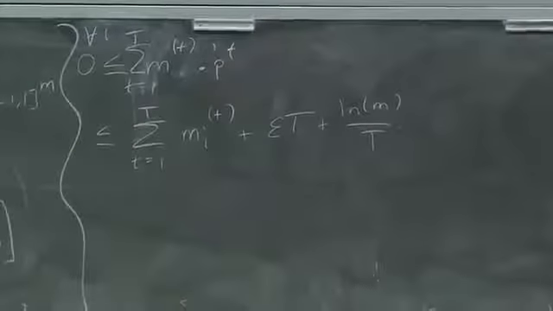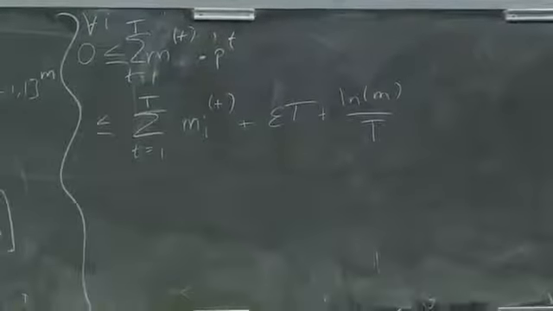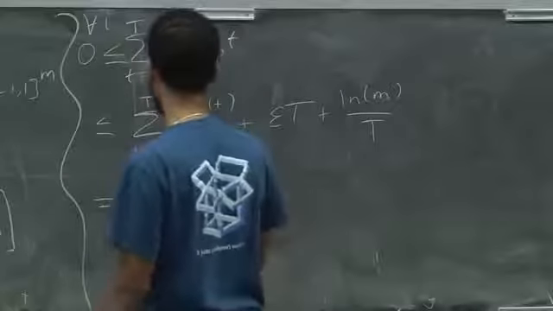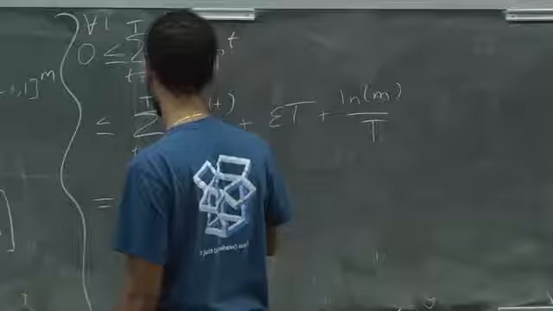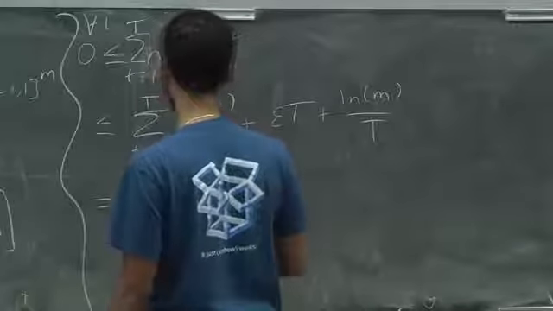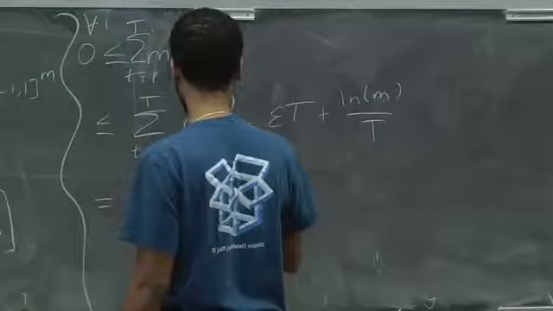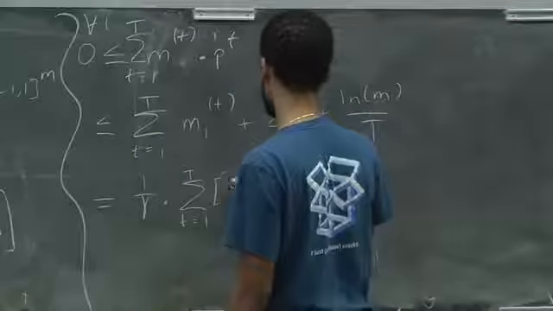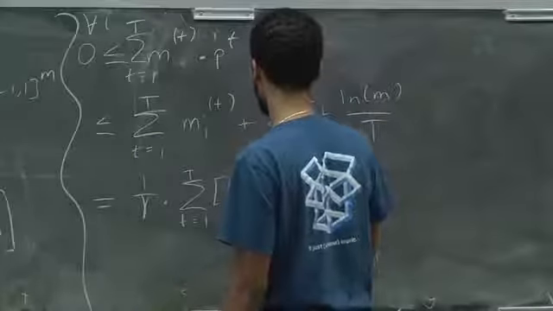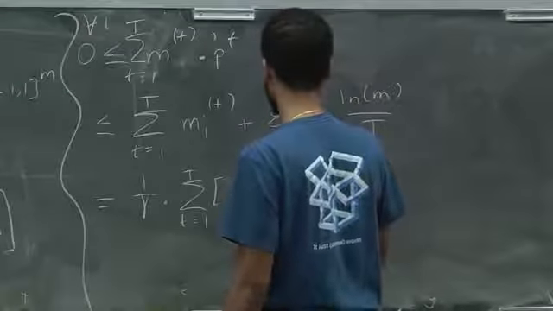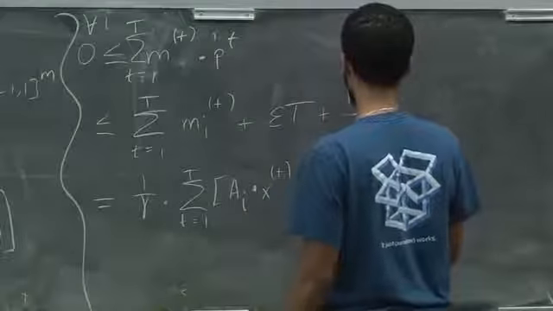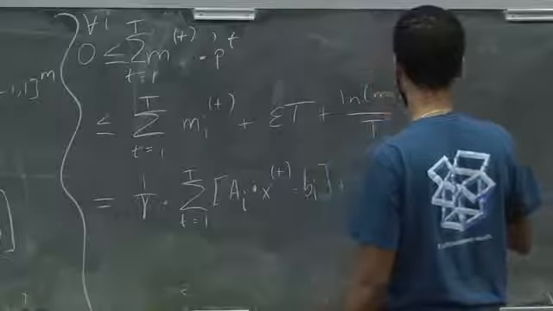Remember, m is our number of experts, the number of constraints. Now let's expand this out. This is equal to 1 over gamma times the sum over t of ai dot xt minus bi, plus epsilon T plus ln m over epsilon.